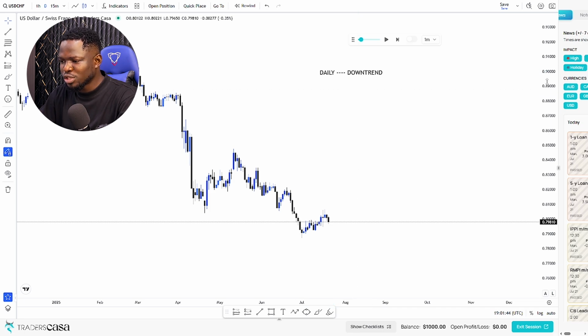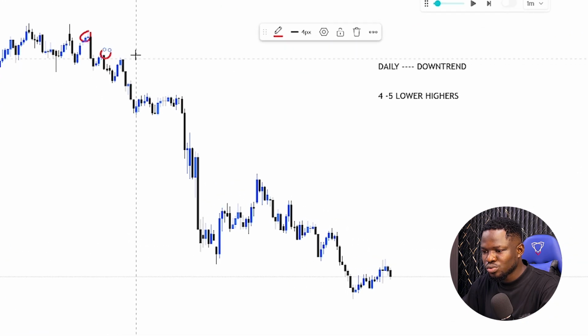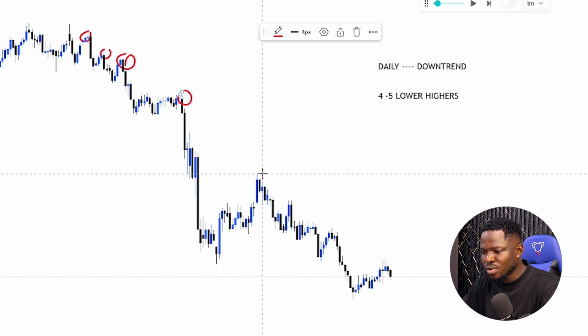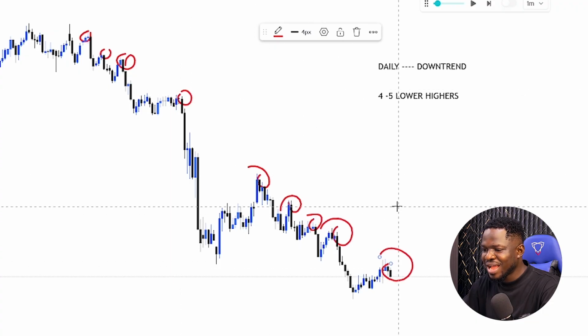Then step number two is to count the number of lower highs, right? During this downtrend, you need a minimum of 4 to 5 lower highs for this system. We have 1, 2, 3, 4, 5, 6, 7, 8, 9, right?